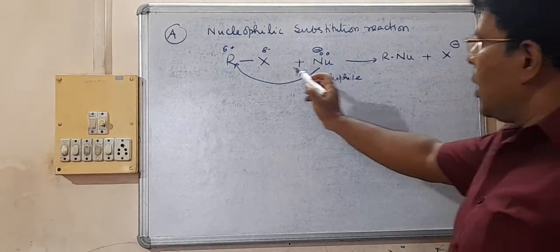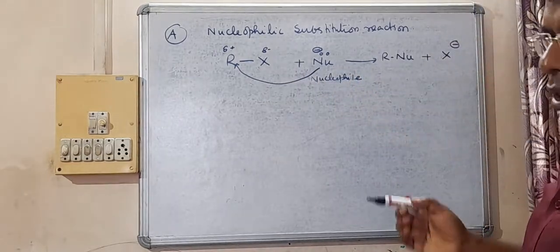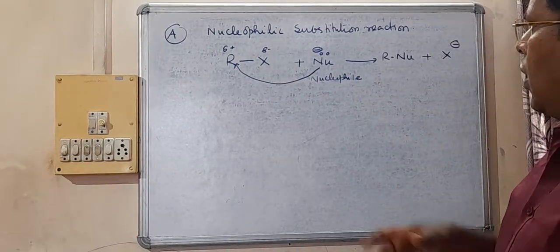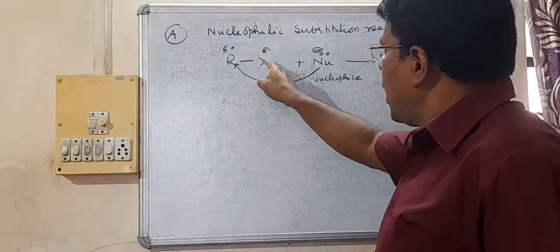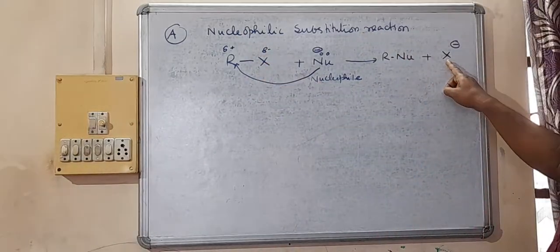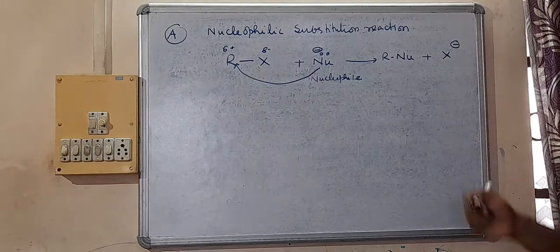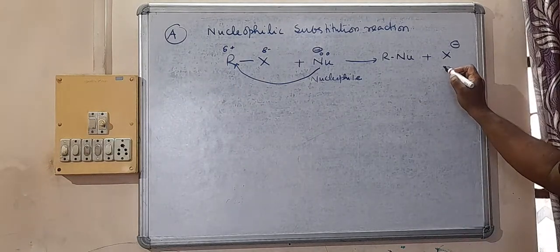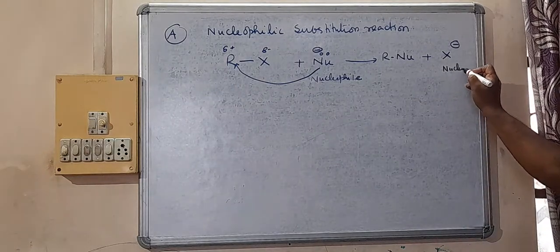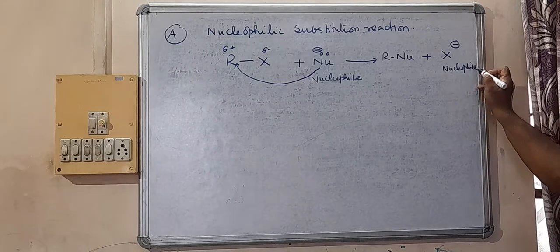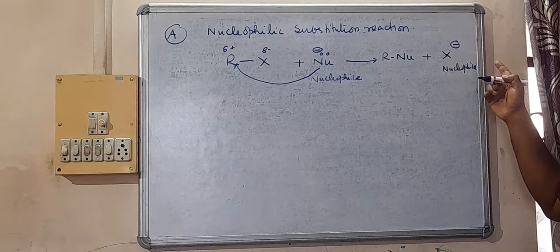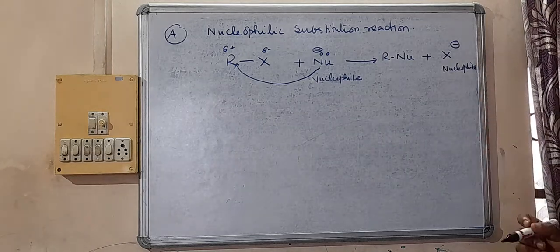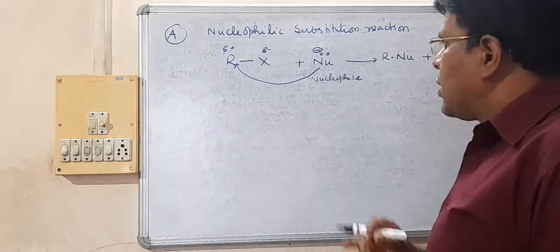So this is an example of nucleophilic substitution reaction where one nucleophile has come, and this is also a nucleophile that has left. This is the incoming nucleophile, this is the outgoing nucleophile. So this is nucleophilic substitution reaction.